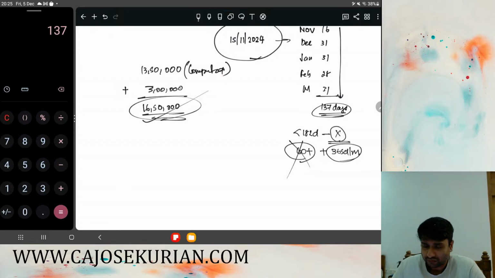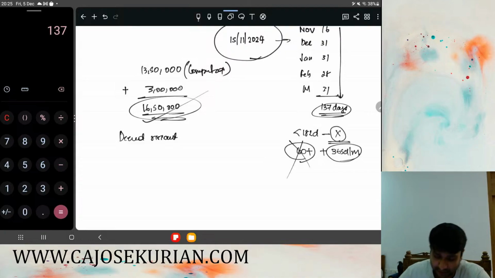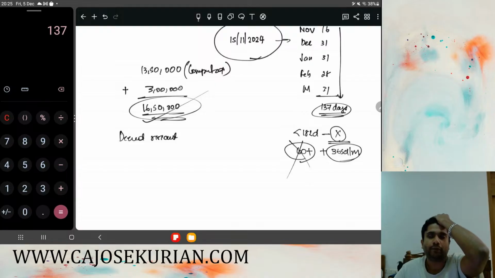Now, if her income is 16 lakh 50,000, what is the next thing to do? That is more than 15 lakh. So we can write that she can be a deemed resident. She is staying in a tax haven and she will become a deemed resident, because the number of days of stay in India is not a criterion for becoming a deemed resident.